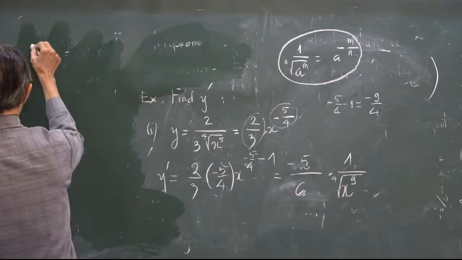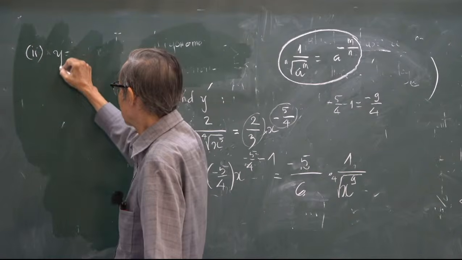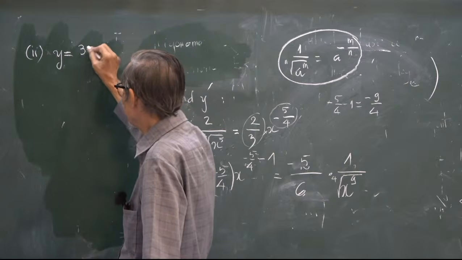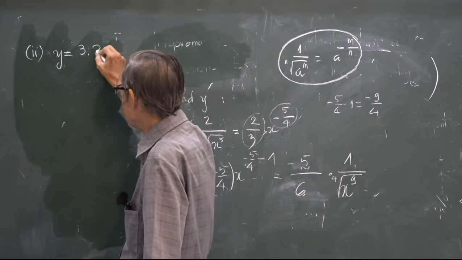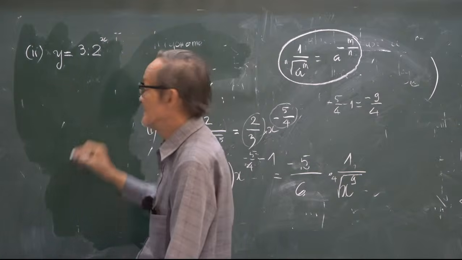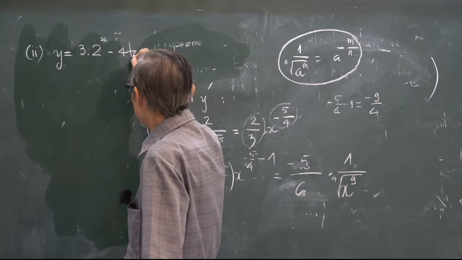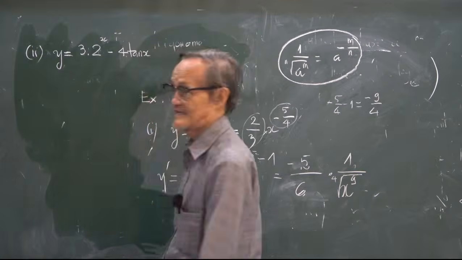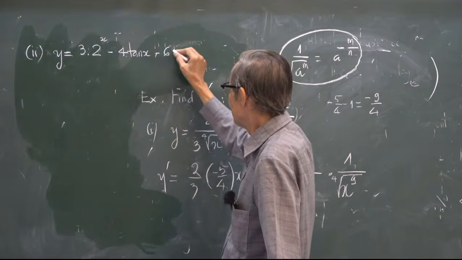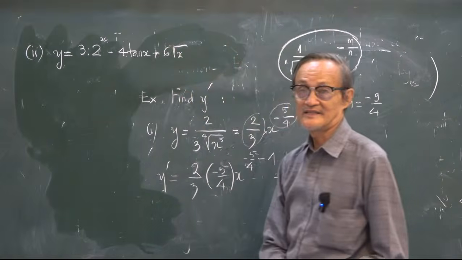Now number 2, y equals 3 times 2 power x minus 4 tangent of x plus 6 square root of x. Okay.